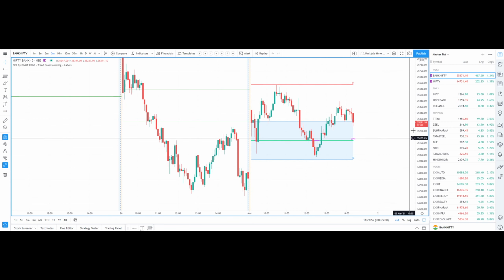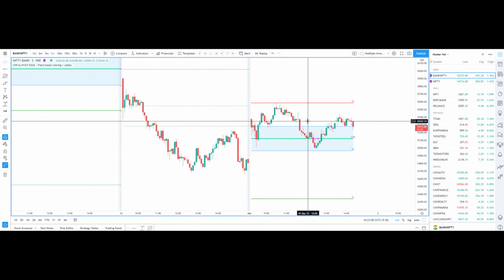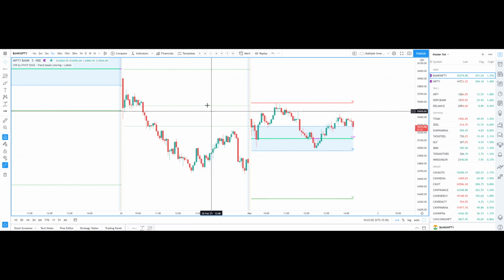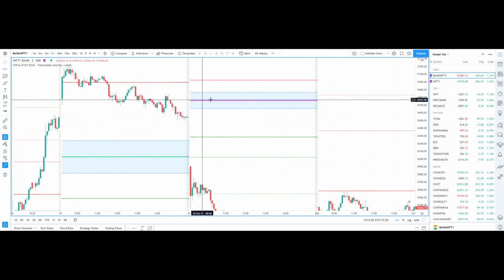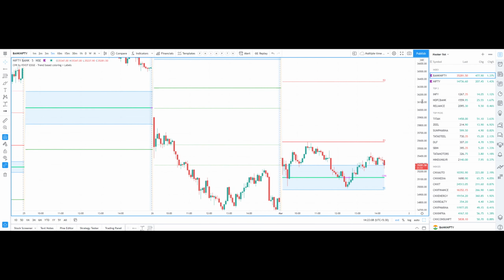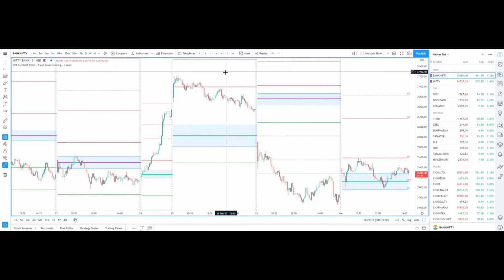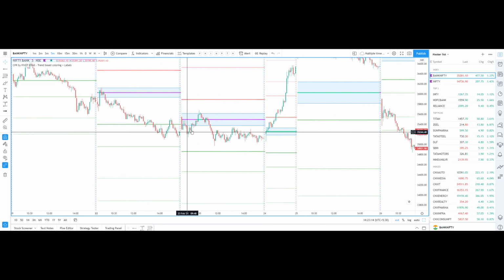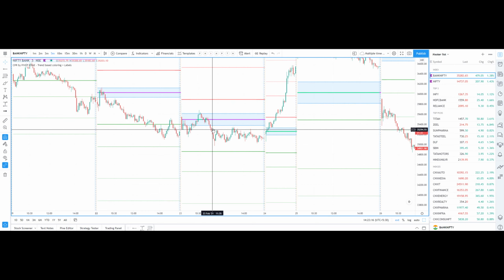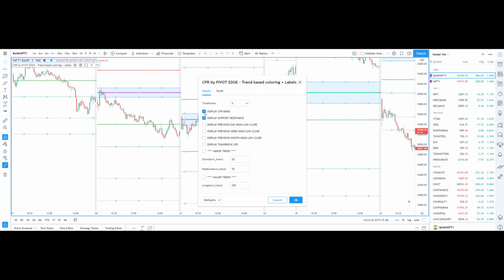In this day the trend was changing, it means the market was going up and coming down. In the previous day you see this pink color, the market was completely bearish yesterday. Day before yesterday it was completely bullish. So here it was a mix of bearishness and bullishness. So this is also one of the important indicators for you to analyze.